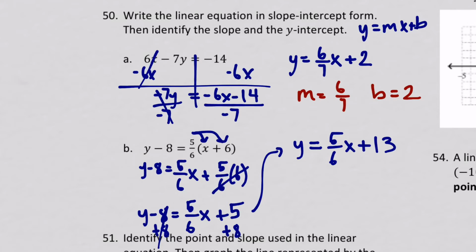And there you go. That's slope-intercept form. Now we answer the question: what is the slope and what is the y-intercept? The slope is 5 over 6, right next to x, and the y-intercept is 13.